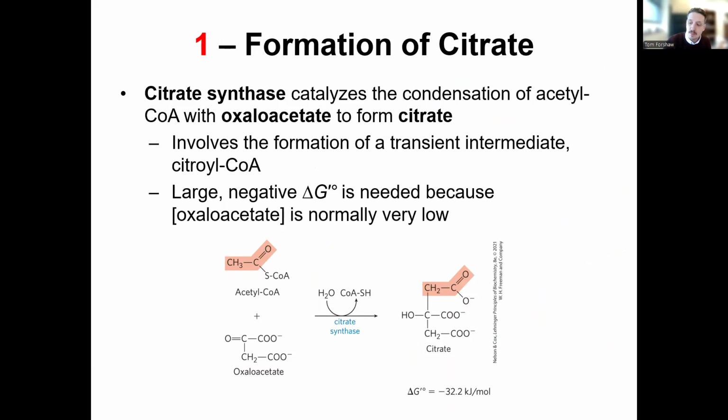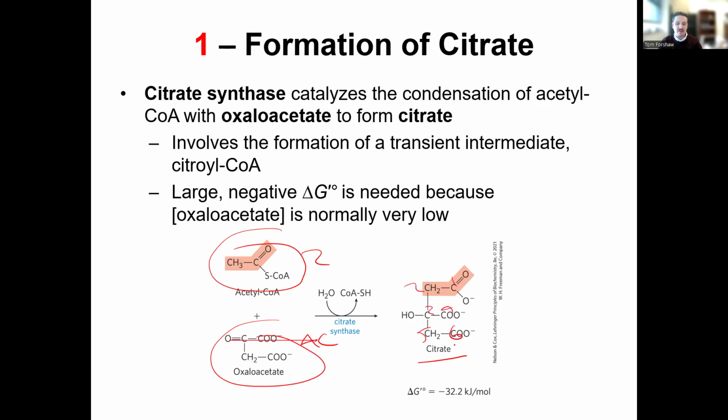Okay, so let's move through the steps. First of all, we have the formation of citrate, and that is, like I said, the condensation of acetyl-CoA and oxaloacetate to generate citrate. There's this 2-carbon and 4-carbon to generate 1, 2, 3, 4, 5, 6-carbon citrate. You can see that right away the biochemical delta G is quite large and negative, which is telling us that this reaction really favors going forward, going to the right a lot.